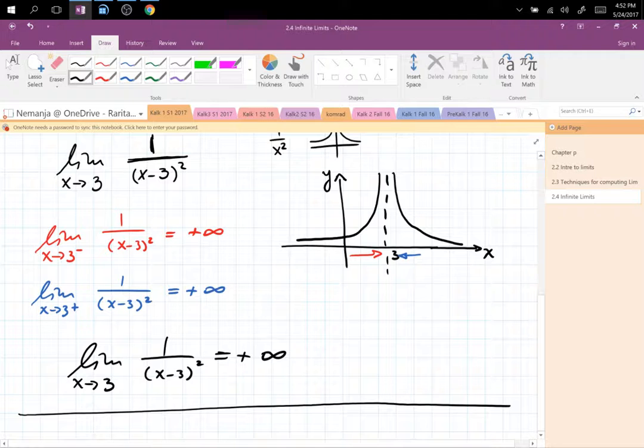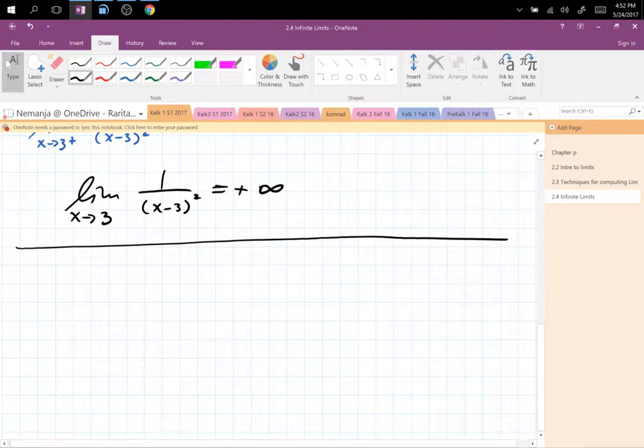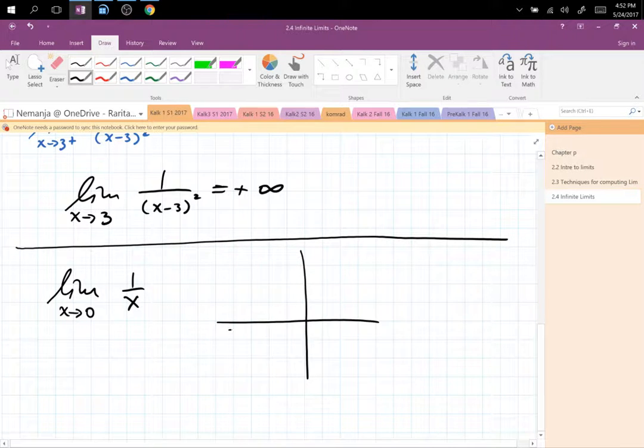So we call this infinite limits because the limit, the answer, is one of the infinities, either positive infinity or negative infinity. Now we have to be a little bit careful if we are talking about limit x goes to 0 for 1 over x. Graphs really save your life in these situations, so you should always draw a graph and try to draw conclusions from the graph.